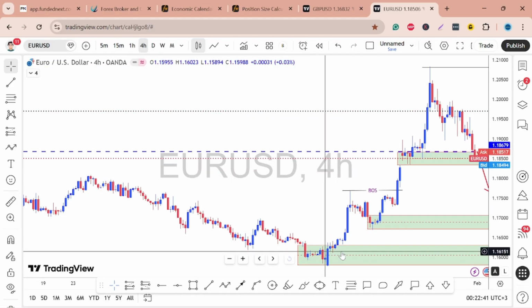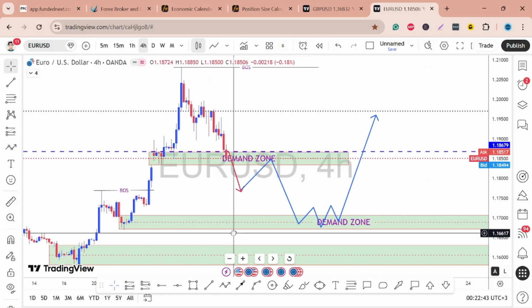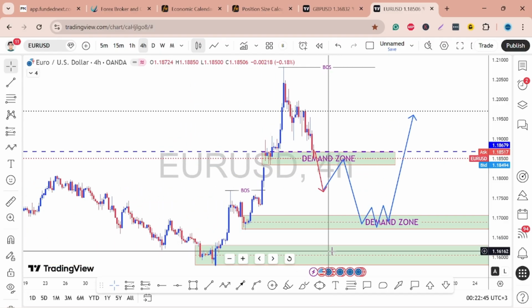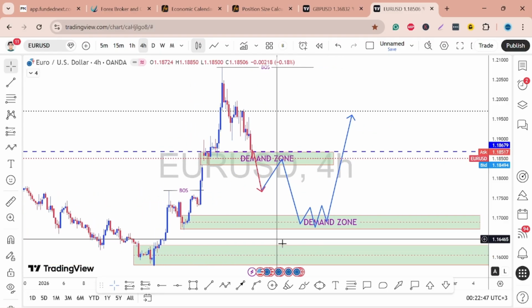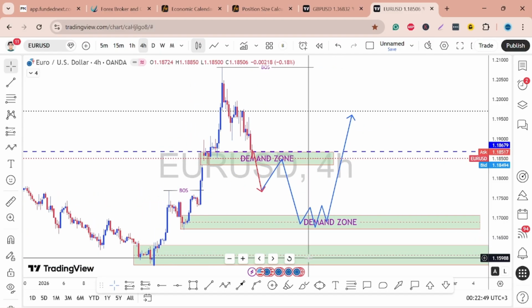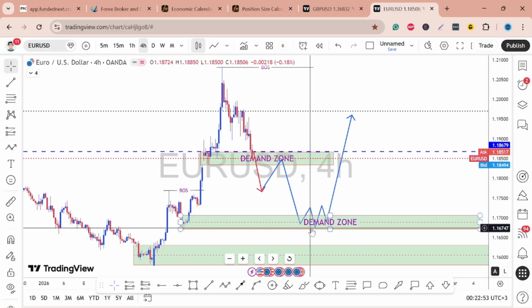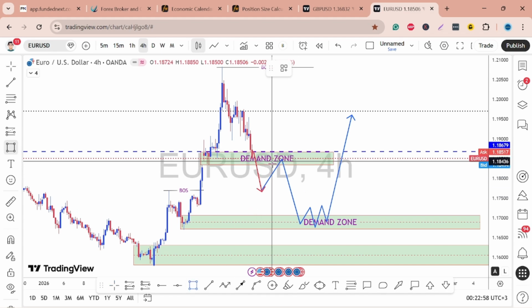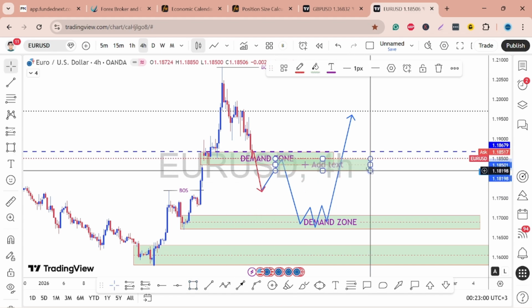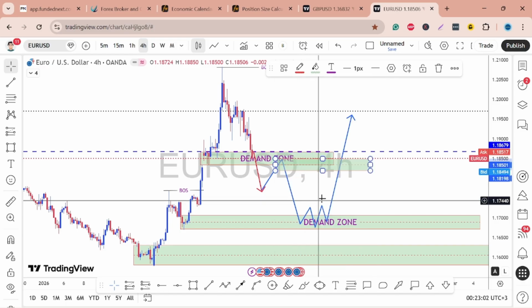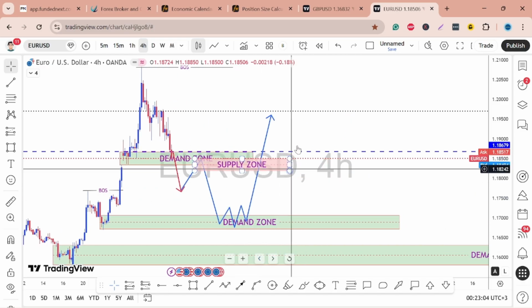If those levels are not able to hold, then we might also see price coming all the way to this price point of 1.609 around this zone. If price is not able to hold, it means we can get some short positions on the supply zones that will be created here.